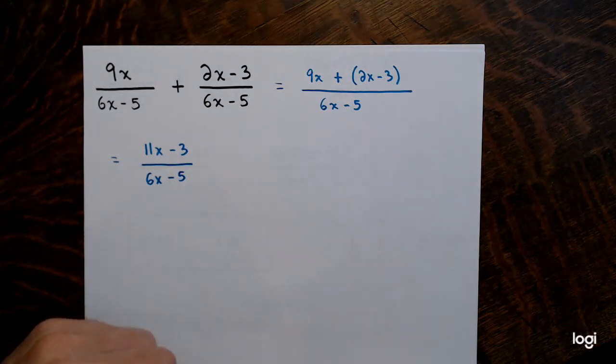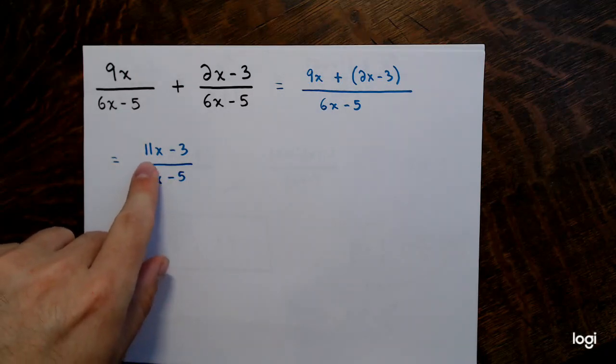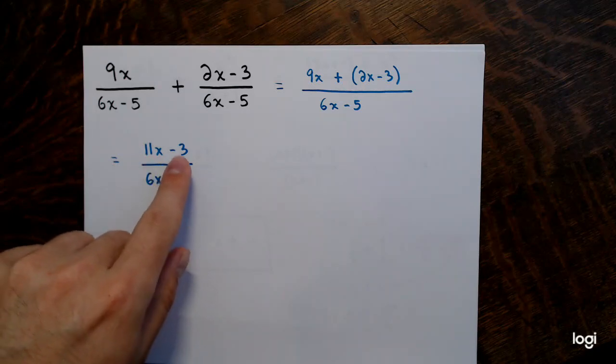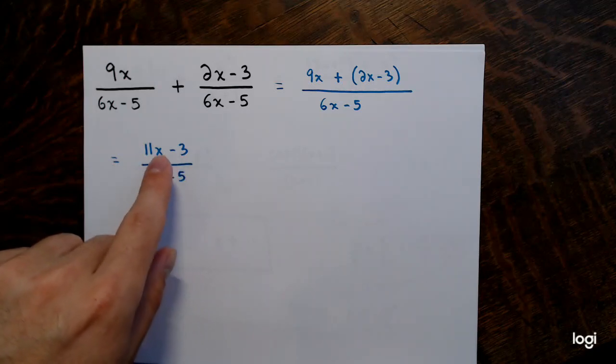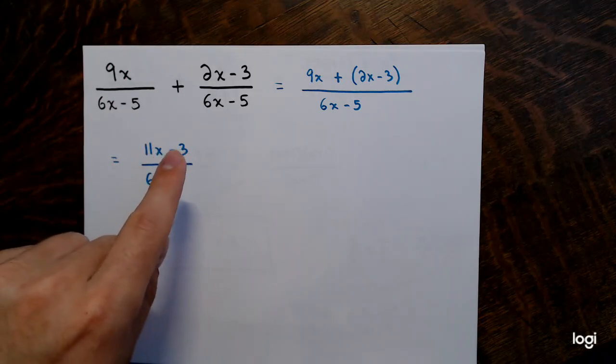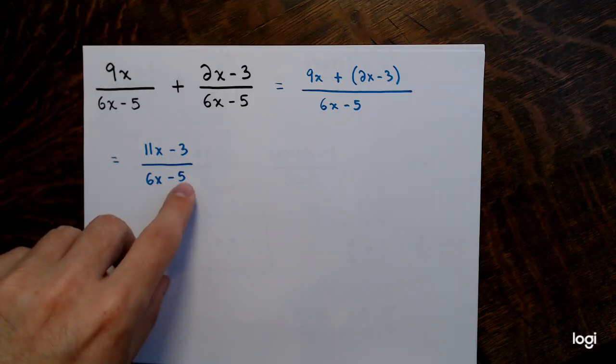And then I ask, can this be simplified? Well, the numerator doesn't factor. There's no common factor for 11x and -3. So 11x minus 3 is the only factor of the numerator. Same thing for the denominator, 6x minus 5. There's no common factor other than 1.